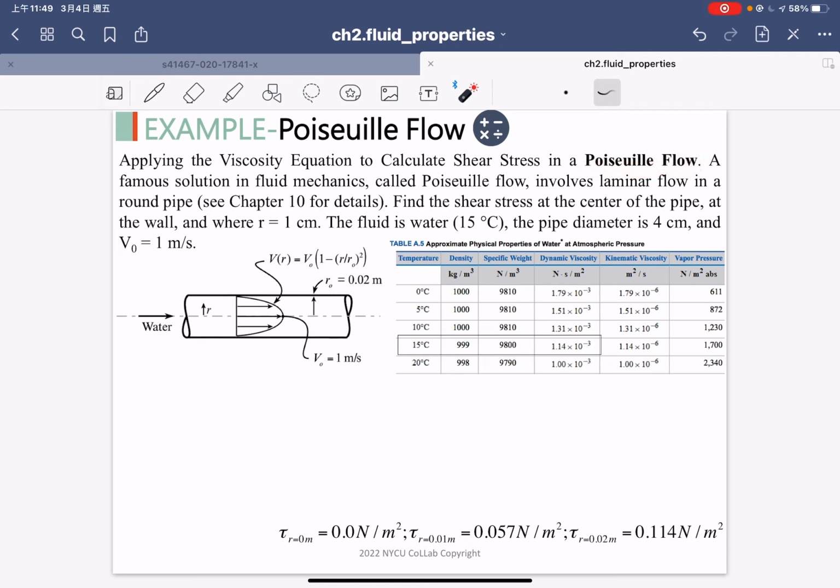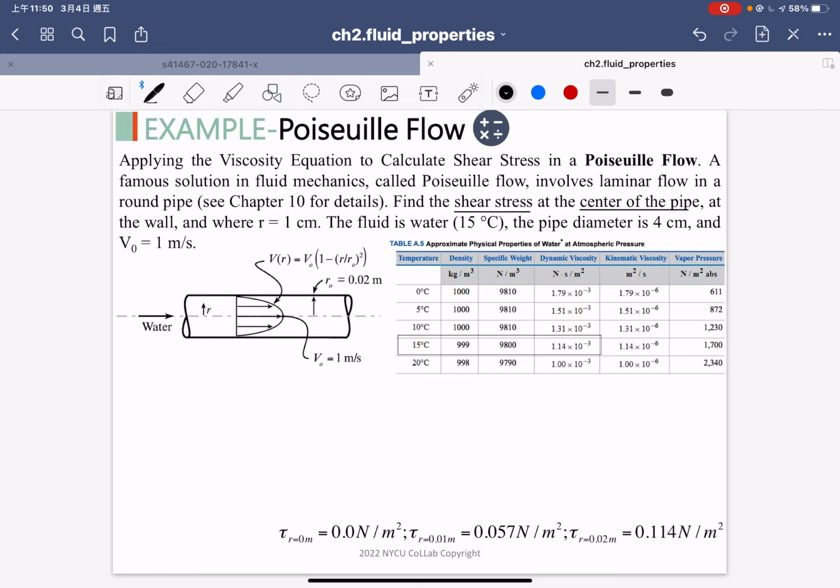The water flow in the pipe, when it is laminar flow, we call that Poiseuille flow. The more detail can be found in chapter 10, but not taught today. So the question is: please find the shear stress at the center of the pipe.